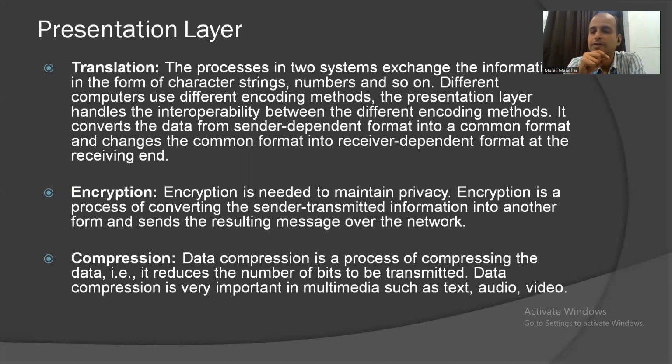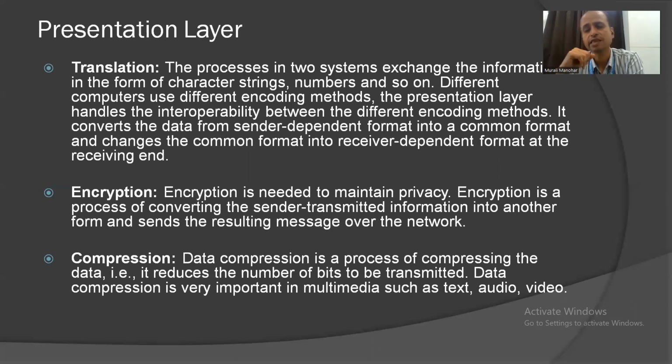Now, the second important feature is encryption. Encryption is a technique in which data is converted into some code. This is done for security reasons, because when our data moves from one node to another, there may be a chance of data leak or direct hacking. It is not compulsory that hacking happens only when data is transferred from one system to another.